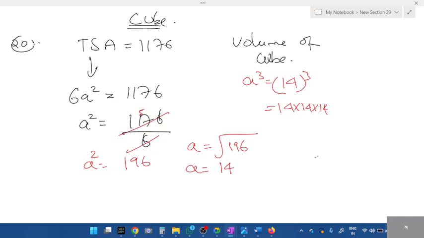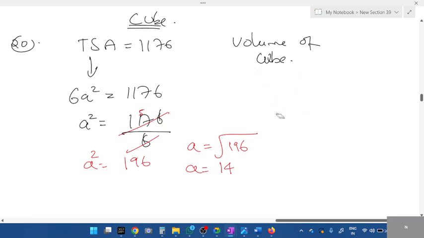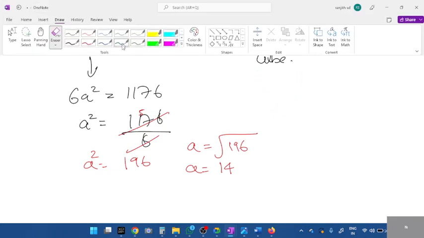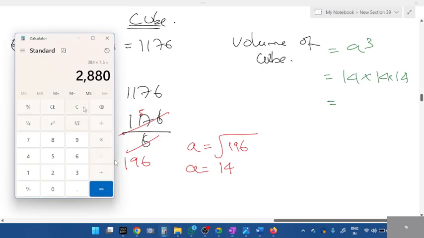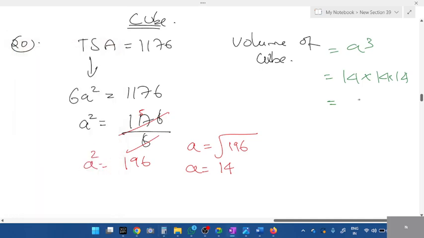8, 7, 4, 4. That is the volume of the cube, students. Volume of a cube is a cube. 2, 7, 4, 4, right? 8, 7, 4, 4 or 2, 7, 4, 4?